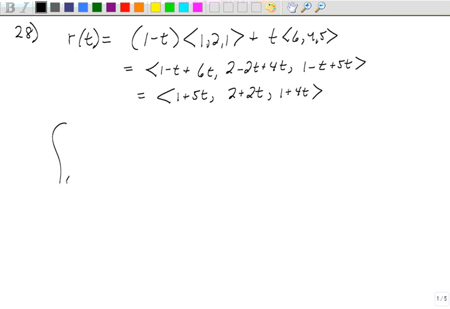Then we're going to go from 0 to 1, because when you do that for a line segment, t is always between 0 and 1.